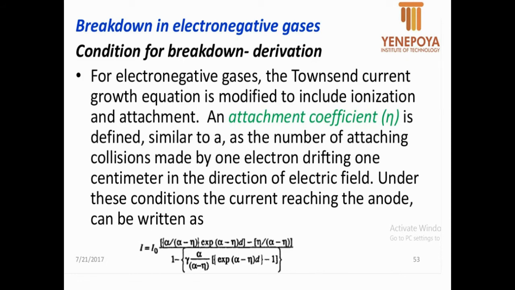Under these conditions, the current reaching the anode we can write as I equals I naught times [alpha by (alpha minus eta)] exponential (alpha minus eta) d, plus eta by (alpha minus eta), divided by 1 minus gamma alpha by (alpha minus eta) into [exponential (alpha minus eta) d minus 1].